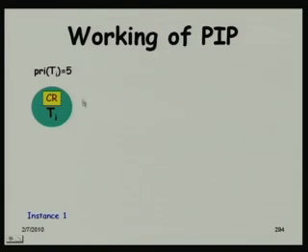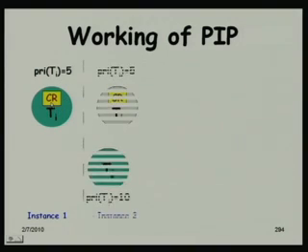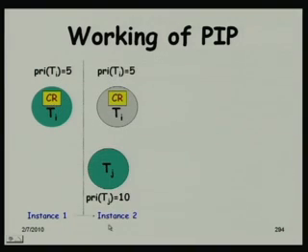So, this is just an example of the working of the priority inheritance protocol. A task Ti with priority phi was using the resource CR, and in the next instance a task Tj with priority 10 started using the CPU, and this preempted Ti.